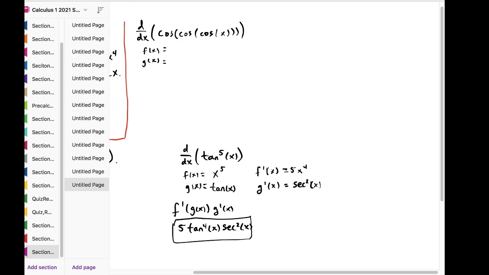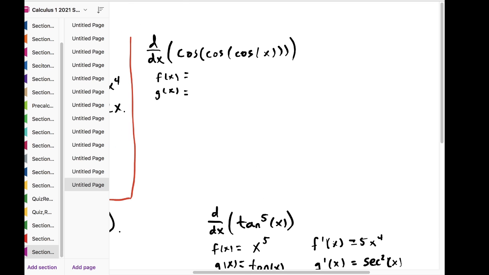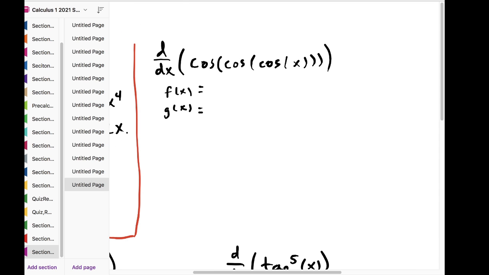All right, so let's do this one. Cosine of cosine of cosine of x. Okay, what's F and what's G? So by the way, usually what I do when you have a lot of parentheses is to alternate between parentheses and brackets.